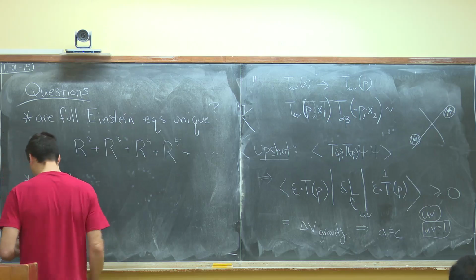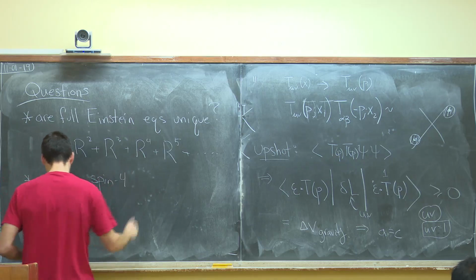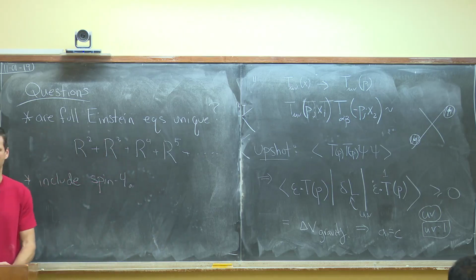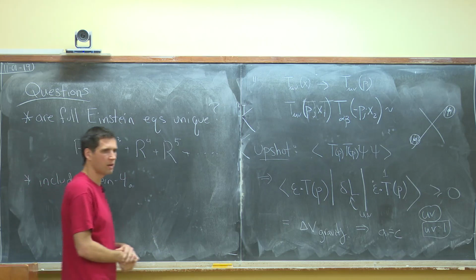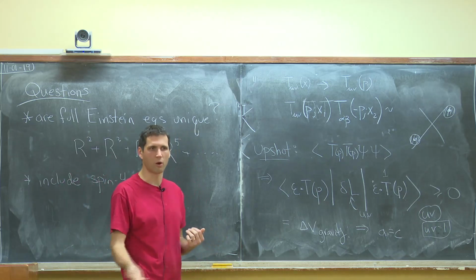The next question is, let's relax the gap condition a bit. Suppose we include something at spin 4. We know from the chaos bound that if you include something at spin 4, you also have to include an infinite tower of higher spin stuff.